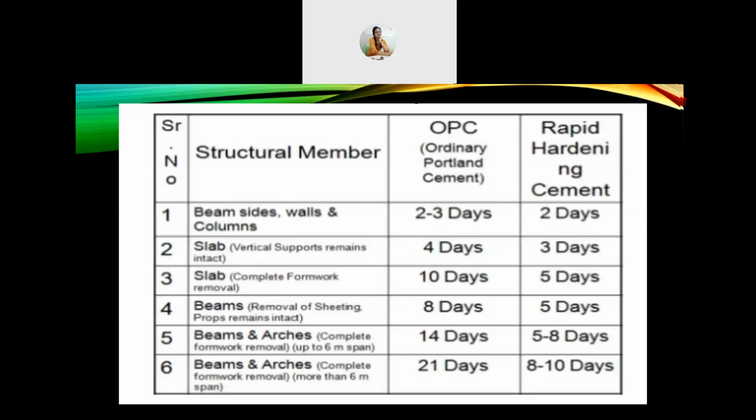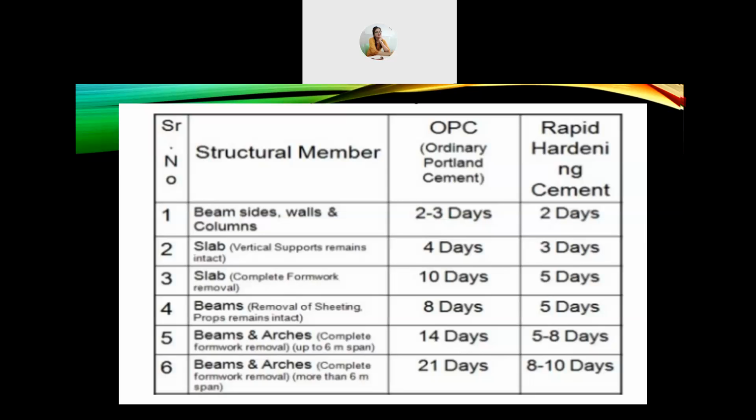Here I have shown a table of structural members with their days for ordinary Portland cement and rapid hardening cement. This structural member takes this much time in days depending on the cement. For beam sides, walls and columns, if you use OPC, that is ordinary Portland cement, it will take 2 to 3 days, and for rapid hardening cement it will take 2 days.